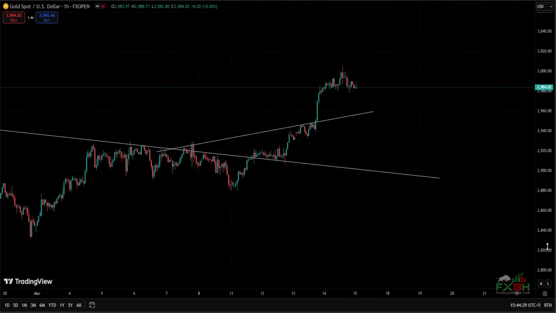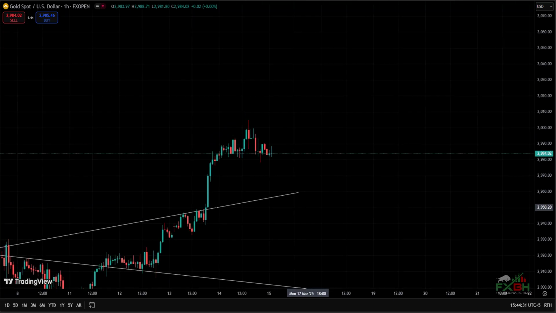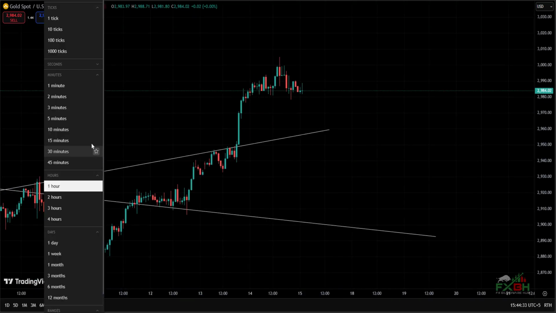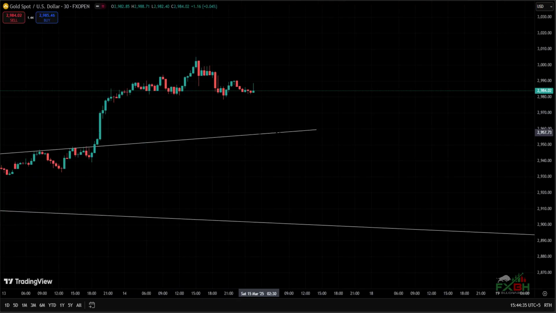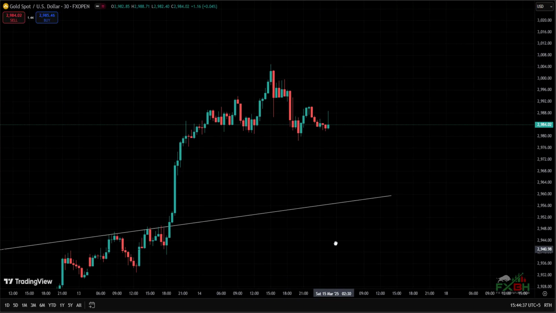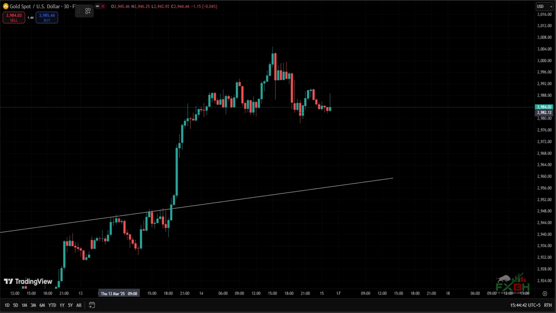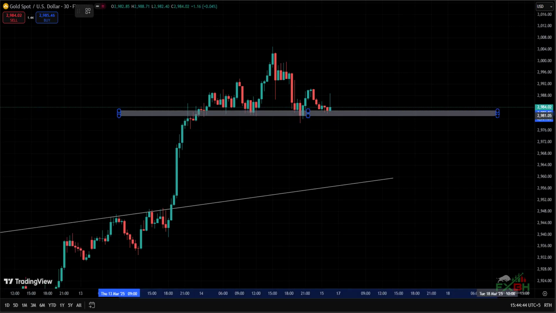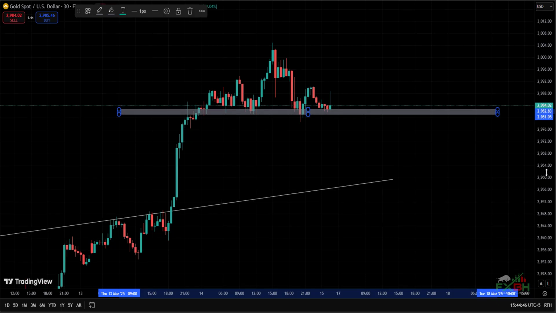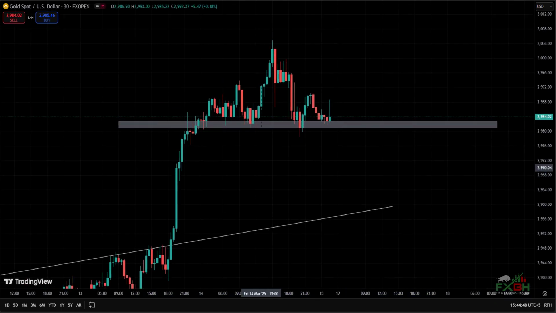So if I zoom in and go to the 30-minute time frame, as you can see there is a support area. Let me draw it. This particular area is a support area for the H1 time frame. So if the market gives us a breakout from that area, then we will wait for a pullback to that area.